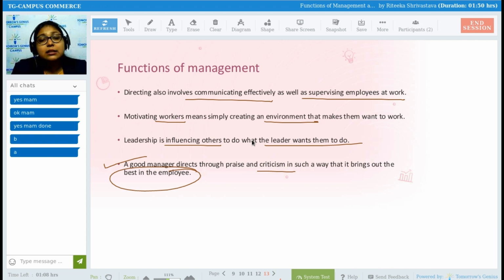So in that case, it is the responsibility of the subordinates to take that feedback in a positive sense, in an encouraging sense, and try to understand why he is saying that, and after analyzing it you are supposed to improve your performance. Okay, so that manager or that person will be considered a good leader or good manager.